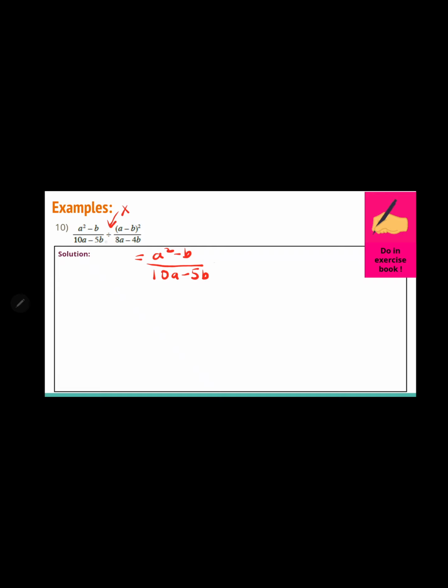That means the question is actually like this, or else it cannot be done. Or did I do it wrongly? Yeah, I did it wrongly.